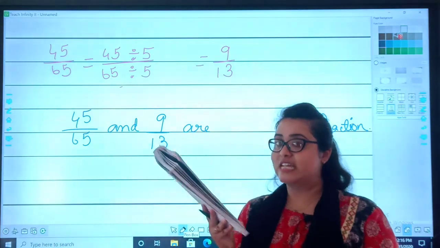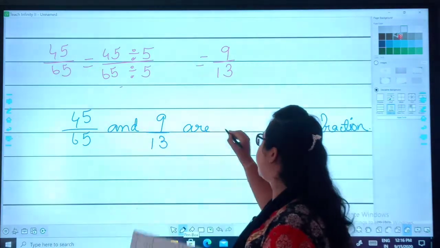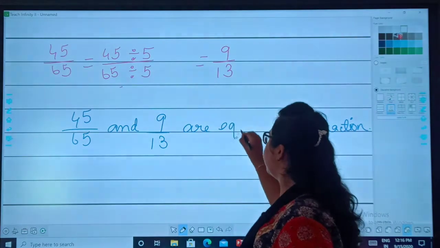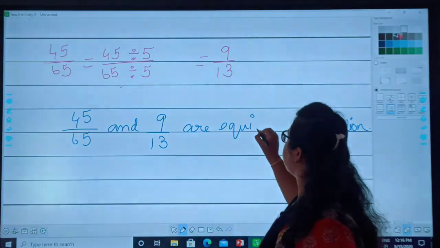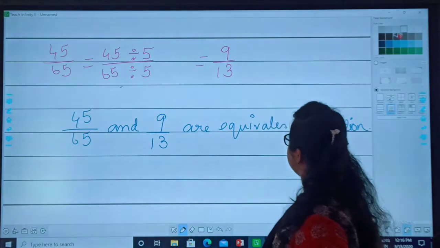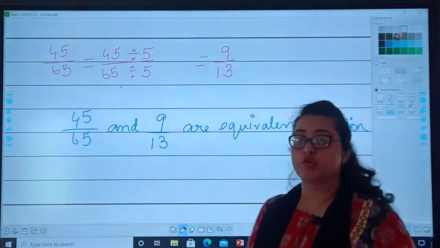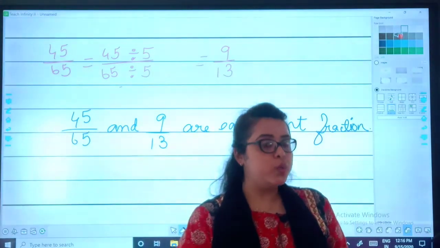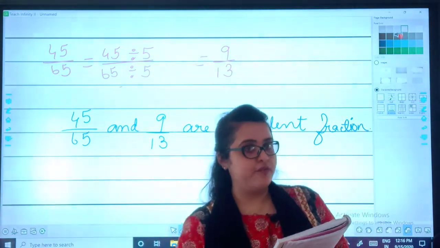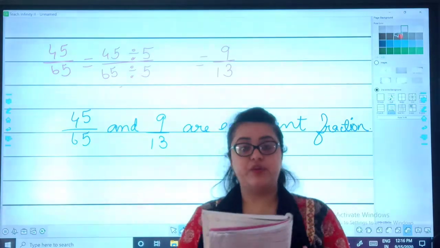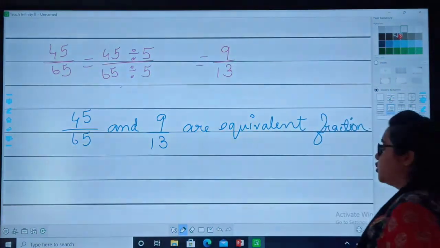In 54 example it is written equivalent, so I will be writing the same equivalent. So students, now you will be solving B, C, D, E and F of question number 2, and we will move to question number 3.